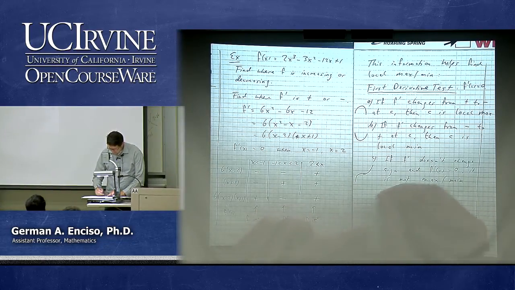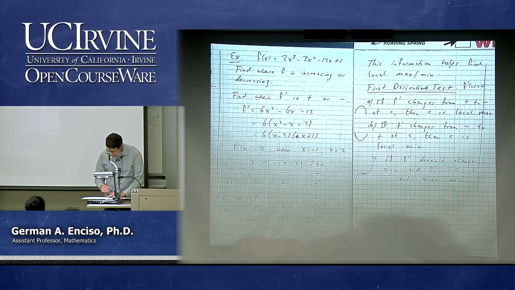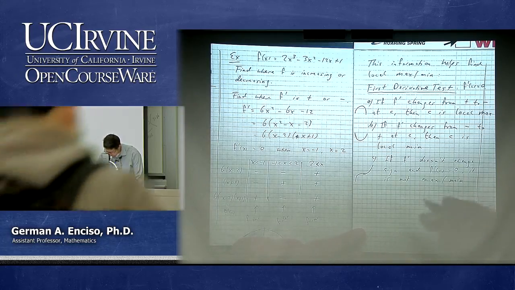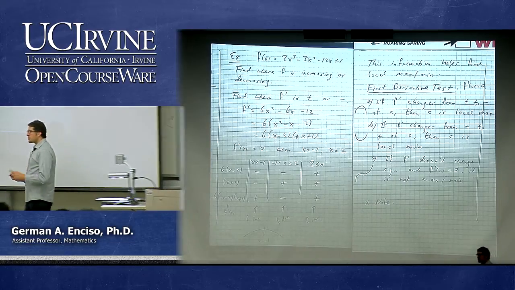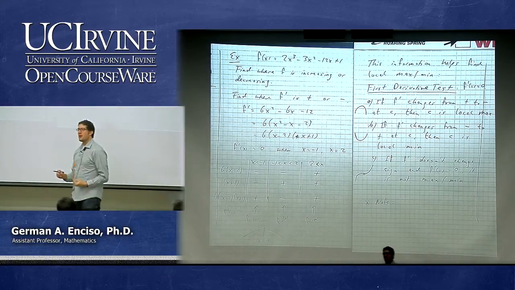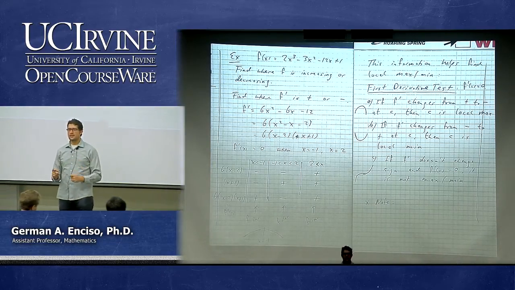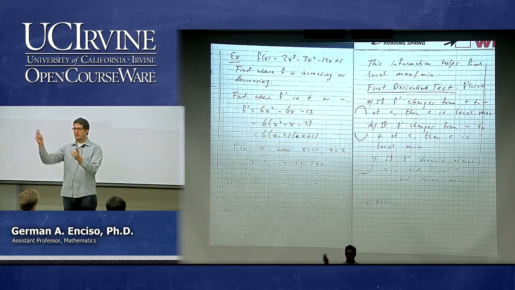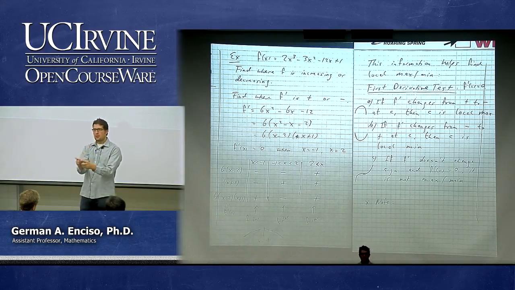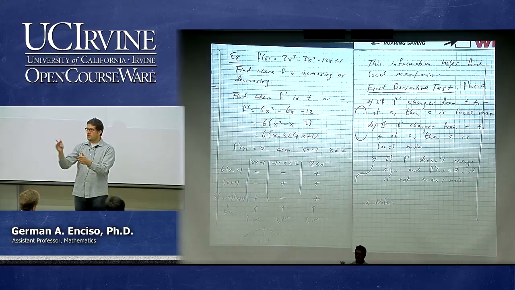All right, so one note. The first derivative test works even when the function is not differentiable at C. For example, you can look at the function absolute value of x. Absolute value of x looks like this. You look at the point 0, the derivative goes from negative to positive.